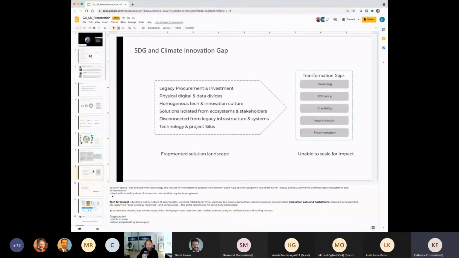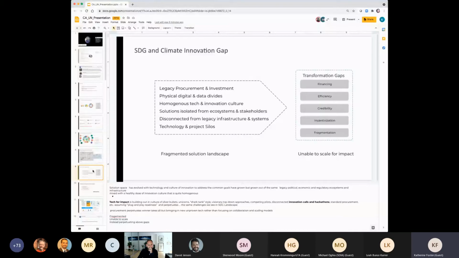And the solution space, from my perspective in my studies, has basically evolved within the culture of the space that actually created the SDG and climate gaps to begin with. And so this is sort of that inflexion point that we're at, where we have legacy procurement and investment processes. We have big physical, digital, and data divides.